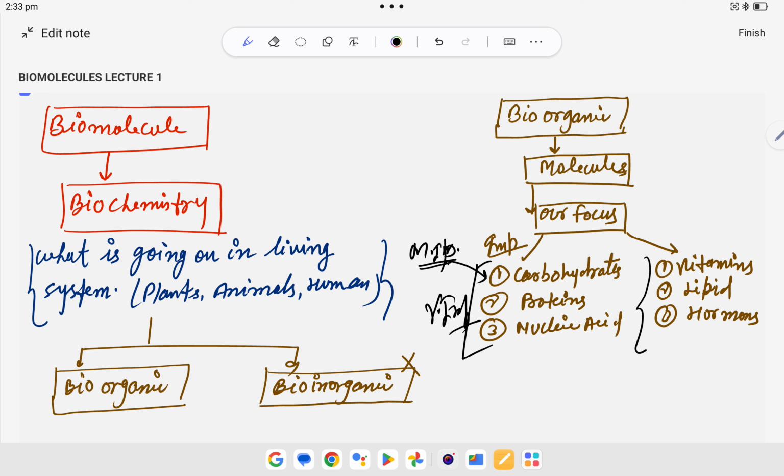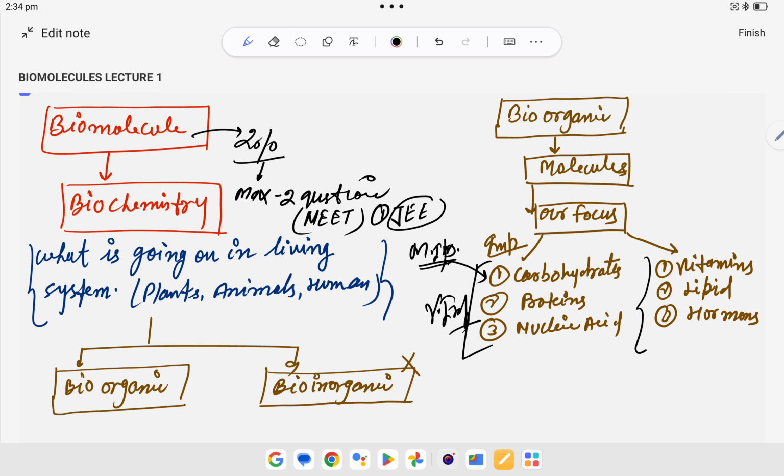If we are talking about the weightage of this chapter, it is 2% of overall chemistry weightage. So the maximum number of questions in your NEET exam will be two questions. And from the JEE point of view, there will be one question, maybe or not, depending upon the situation.